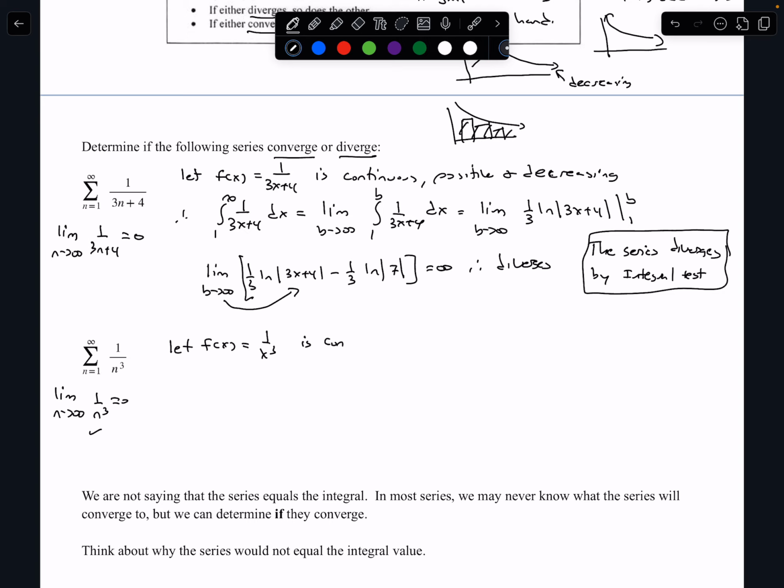This is continuous, positive, and decreasing. We just showed it's decreasing. Therefore, we're going to say our new integral, ready, from 1 to infinity of, and I'm just going to write this as x to the negative 3 there to help me with the antiderivative right here.